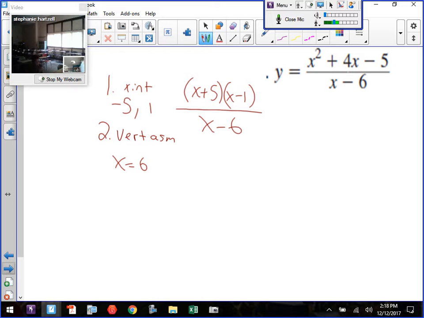And if it was equal, you would have lead coefficient over lead coefficient. Which of the 3 is this case? M is greater than n. So there's no horizontal asymptote in this case.